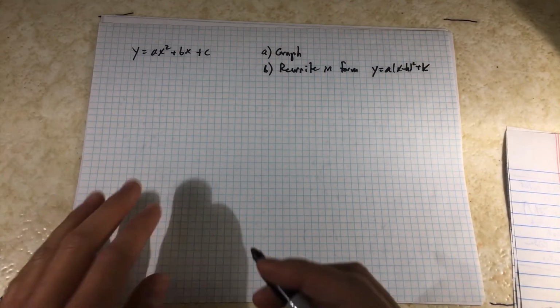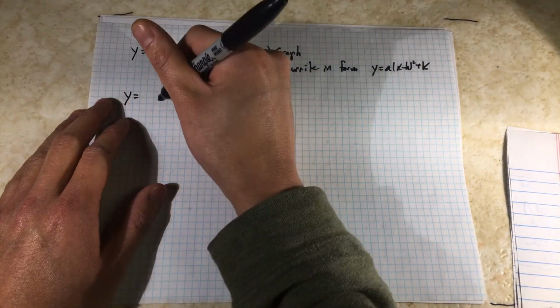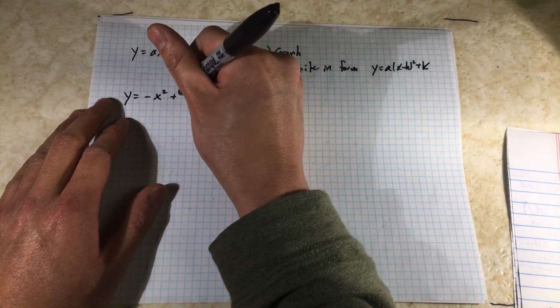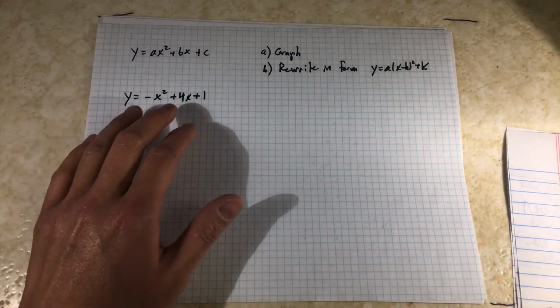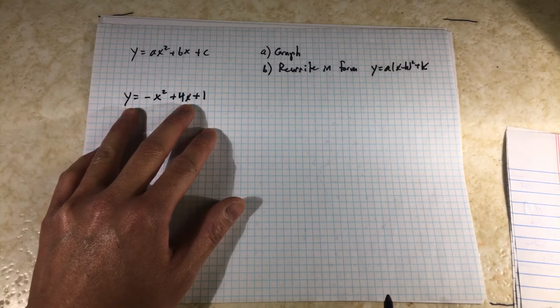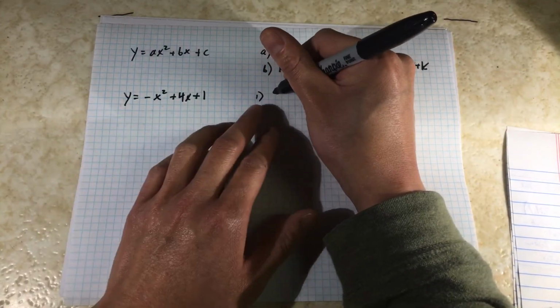All right, so let's start off with our first equation, y equals -x squared plus 4x plus 1. All right, so the steps to graph something like this, if you took algebra with me previously, we did this extensively, but even if you haven't, we'll kind of go through it. So the first step is the concavity.